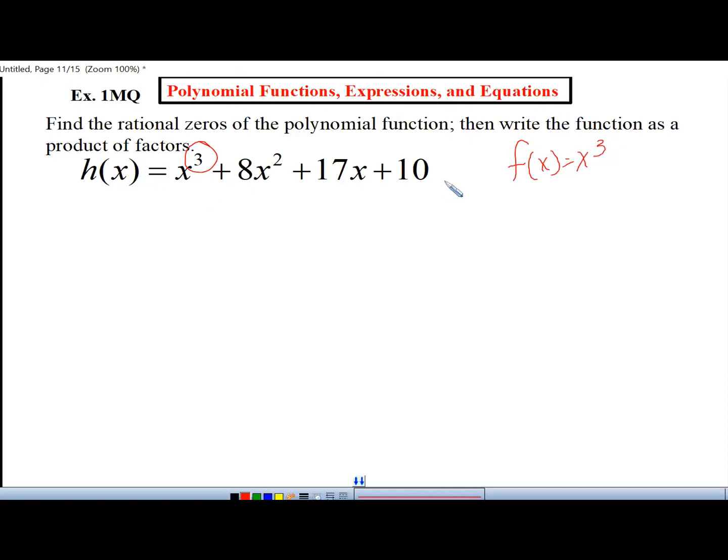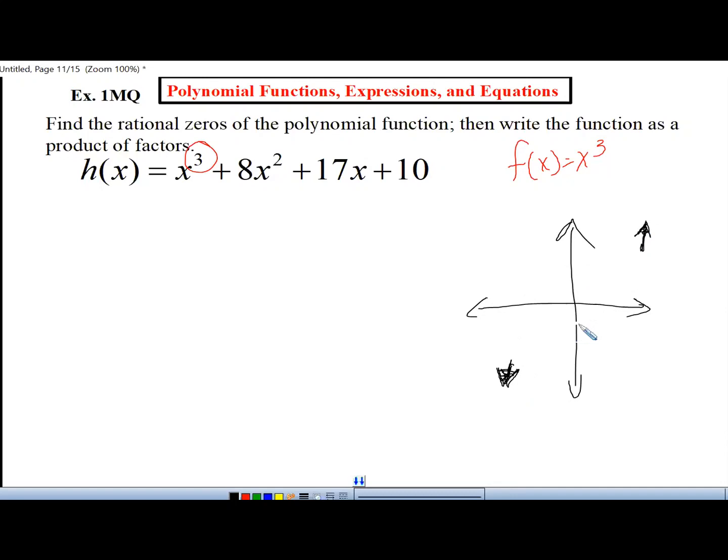So if I was to ask you to tell me where does this graph start and where did it end, what would you say? Where does it start? Quadrant 3, which is down here. And where does it end? Quadrant 1. Doesn't matter what happens in between, but do we know where does it start and where does it end?